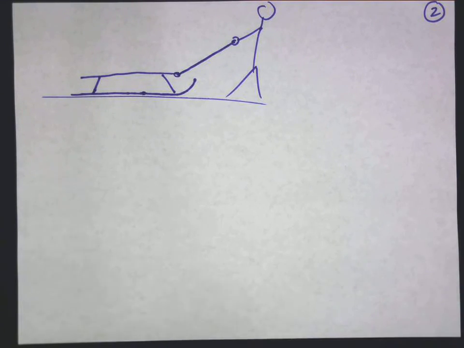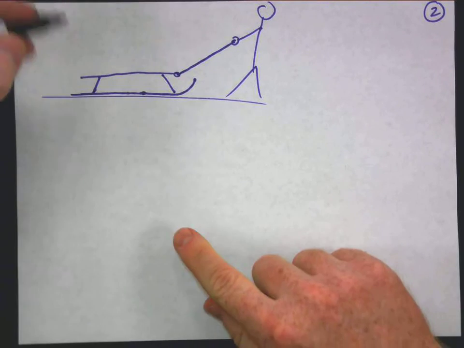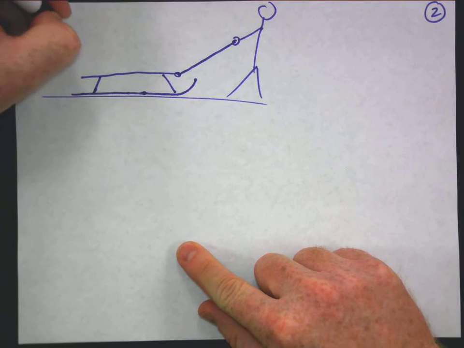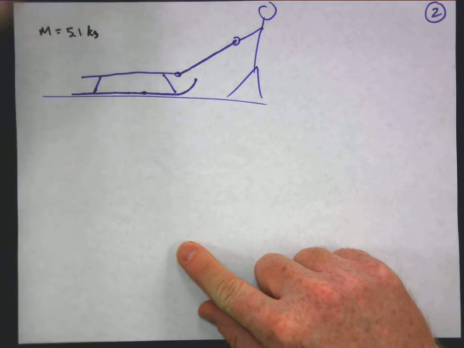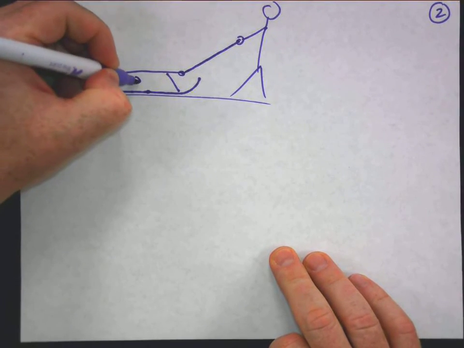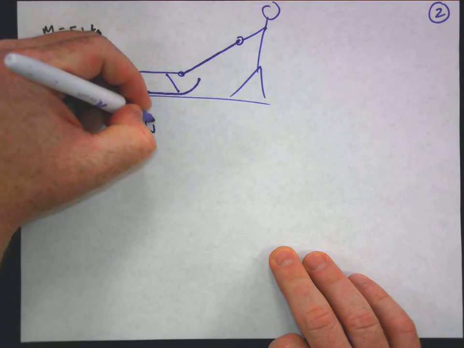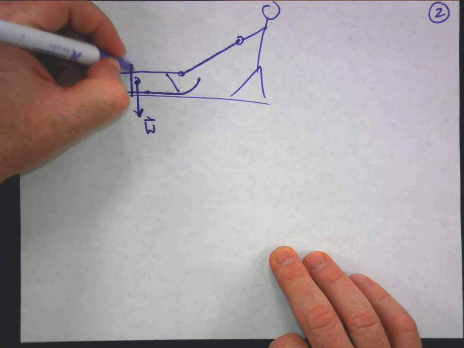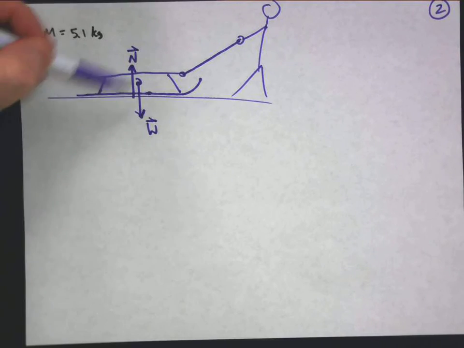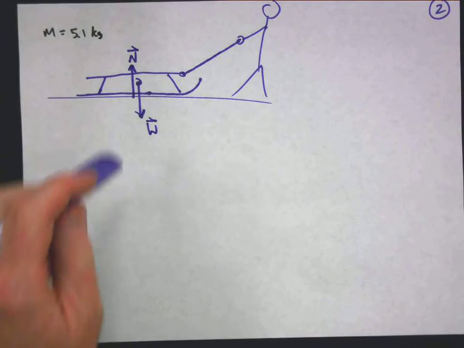So what's the same? Well, the mass of the sled is still the same, right? Mass of the sled is 5.1 kilograms. But we have forces acting on the sled. There is still a weight to the sled. That hasn't changed because that's mg. There is still a normal force, but I'm not sure how long to draw that one because it's not quite so simple.